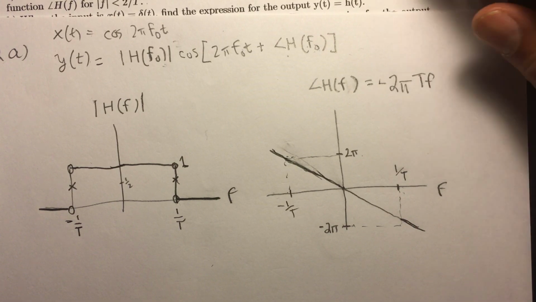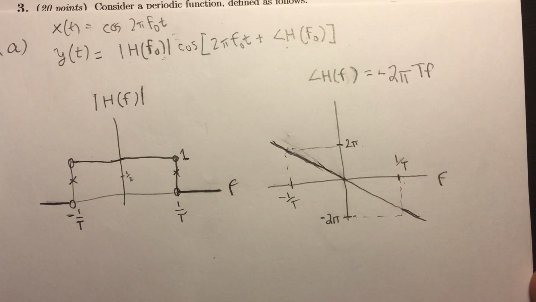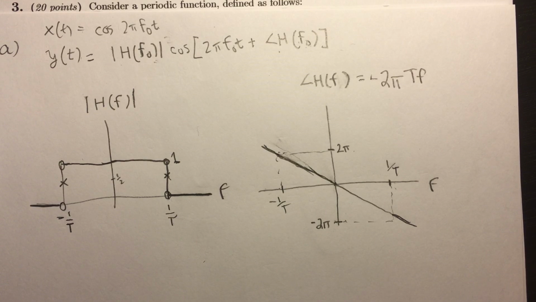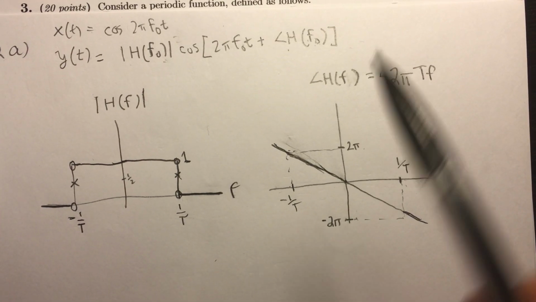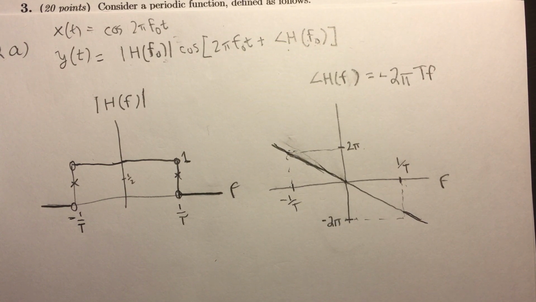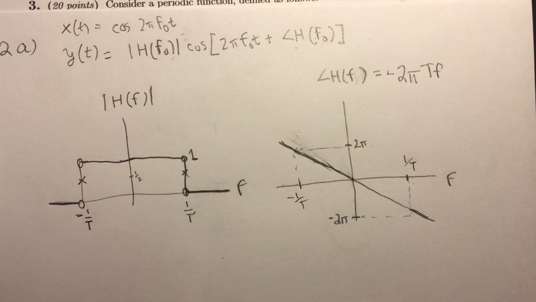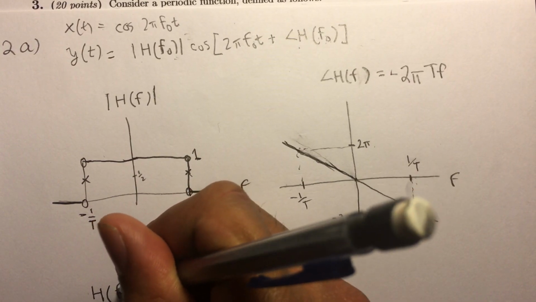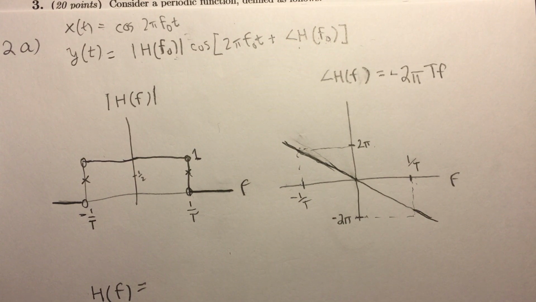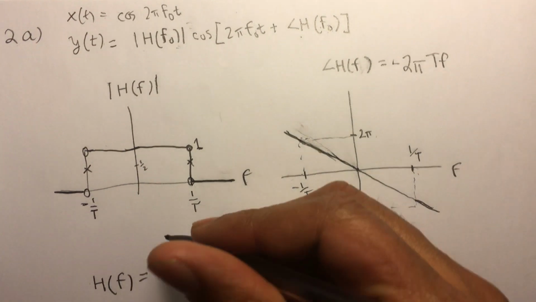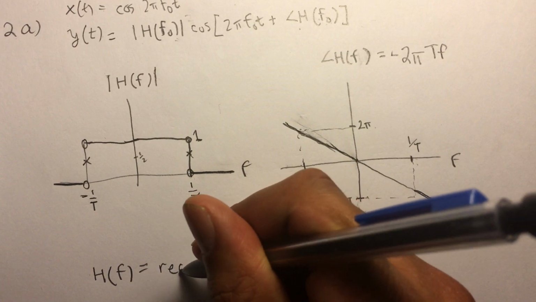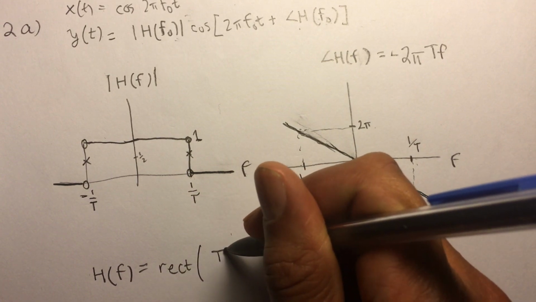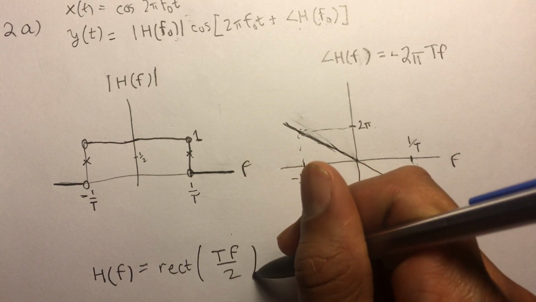Okay. So next question is, well, actually we have to finish this question. It said sketch the magnitude of the phase. It's not explicitly asked for, but we can write that h of f is equal to rect of t f over 2, right?